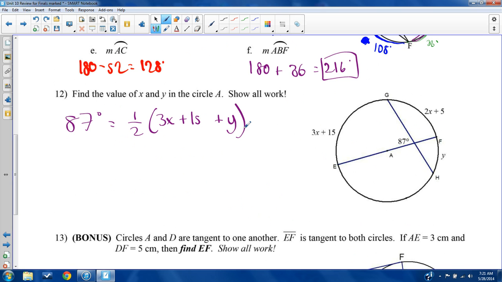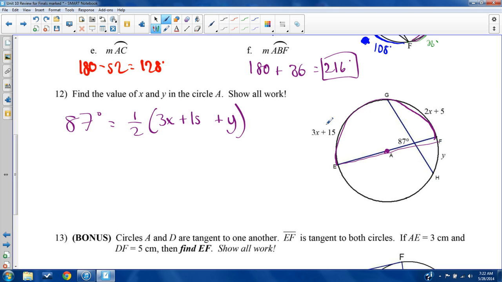Now, we can't solve for anything just yet. I can simplify that later. But let's do this first. Well, hang on a second. Okay, here you have a semicircle, because this crosses through center A, so there's your semicircle right there.